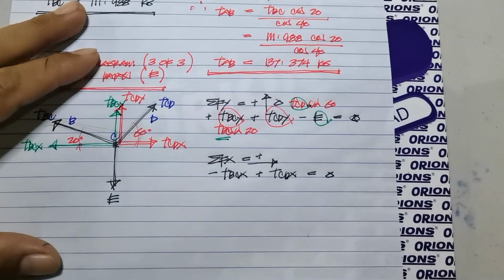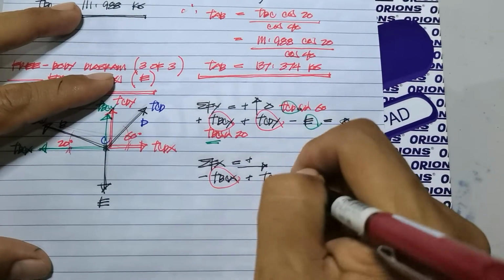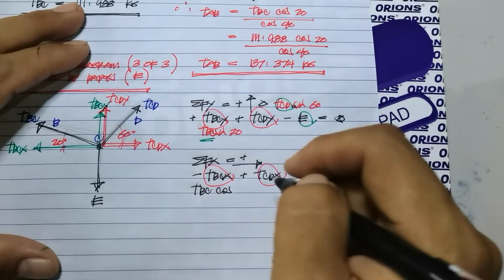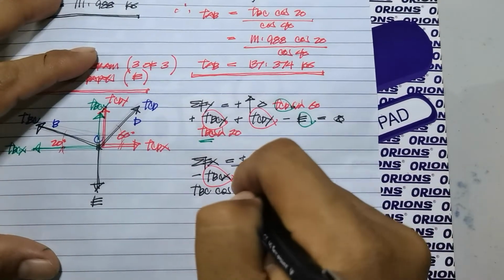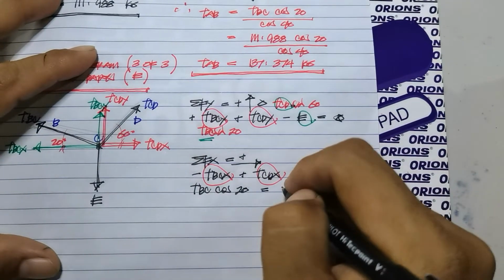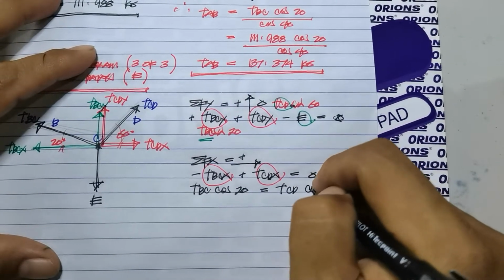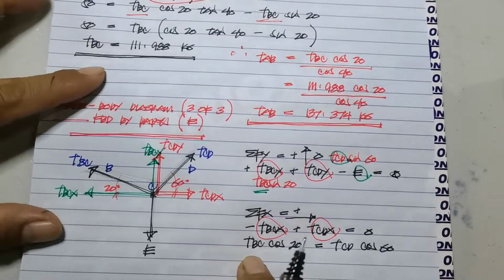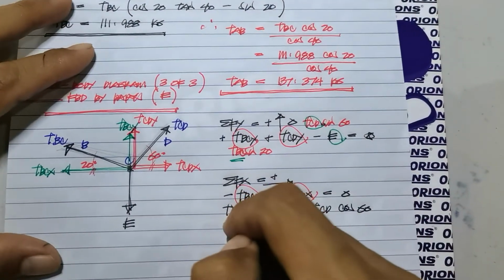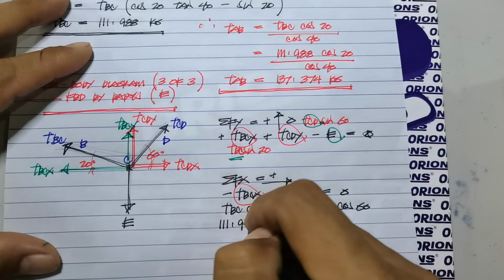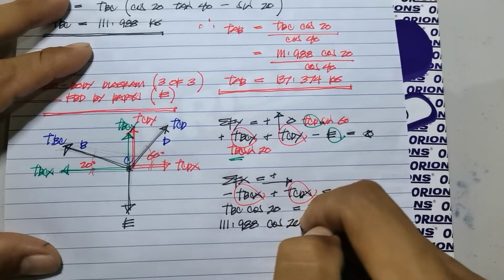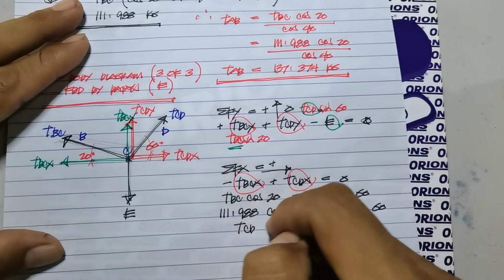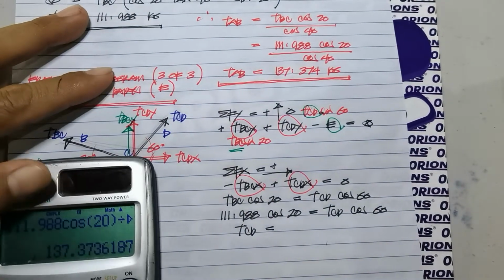Let us break them down accordingly. So, TBC cosine of 20 is equivalent to TCD cosine of 60. Since we already have the value of TBC, which is 111.988, we have 111.988 cosine of 20 equals TCD cosine of 60. This means we can now obtain the value of TCD.